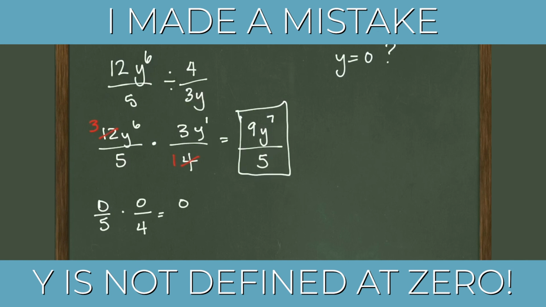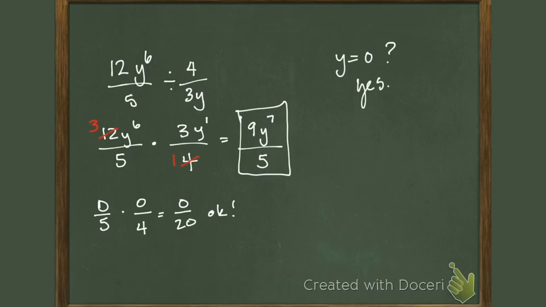And that's 0 over 20, which is okay. So what that means is, yes, this is defined at y equal to 0. That means that y equal to 0 could potentially be a solution here. I didn't ask you to solve for it. I just asked us basically to multiply, divide, and reduce. I just need to know, is it defined at 0? Could 0 be a possible answer?